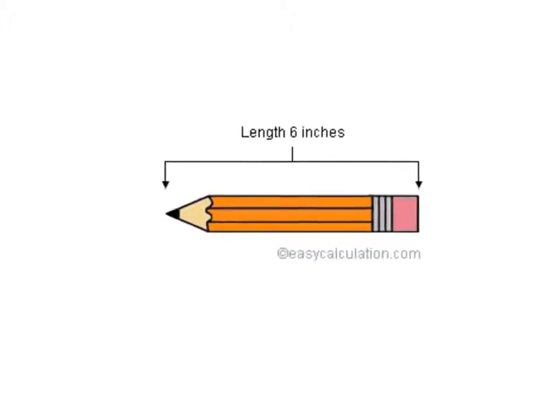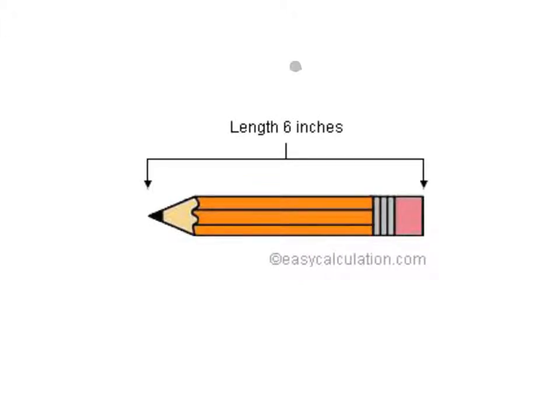The length of a pencil. If we break a pencil into two, here's my pencil. I'm going to break this pencil into two halves. Will the length of the pencil also change? Pause.